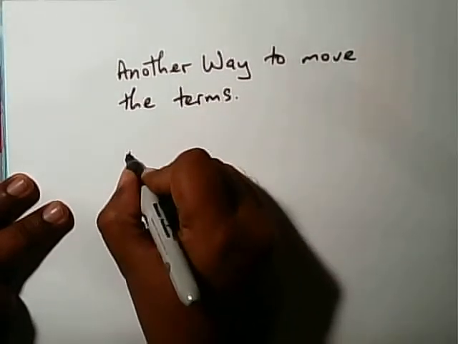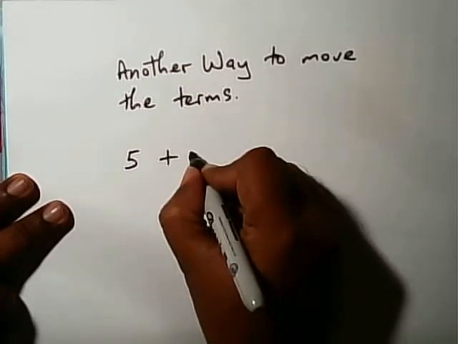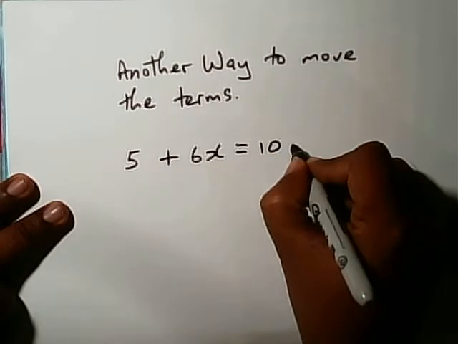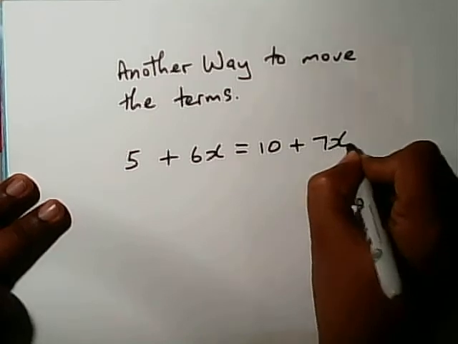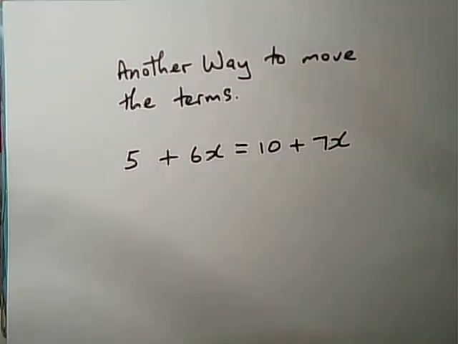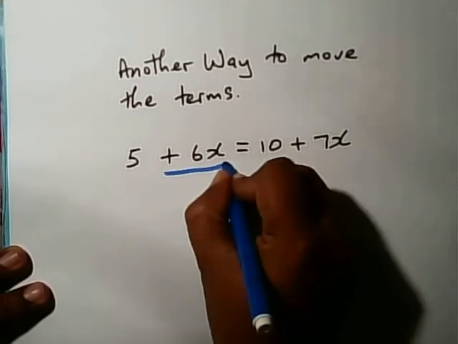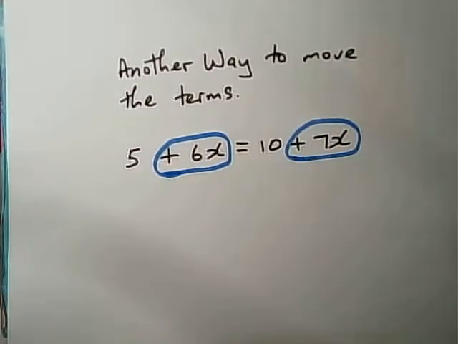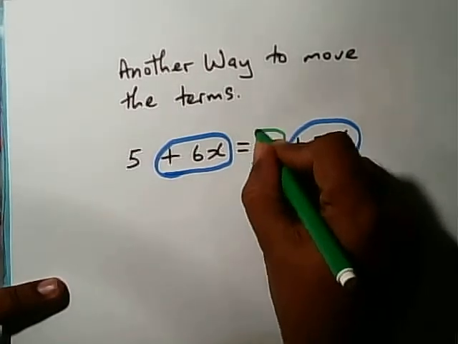Okay, so 5 plus 6x is equal to 10 plus 7x is the same sum. Let me just highlight the x terms and highlight the regular numbers.